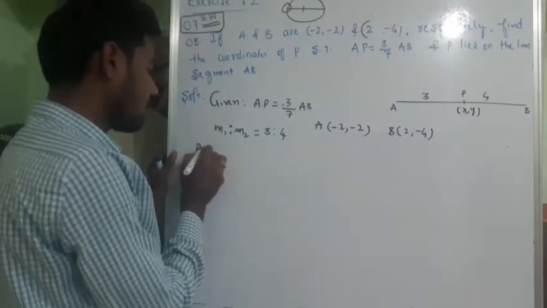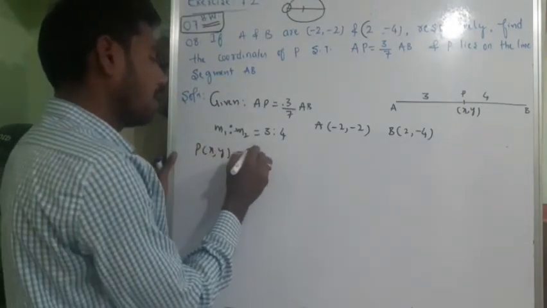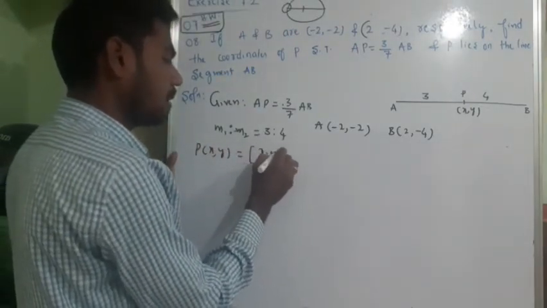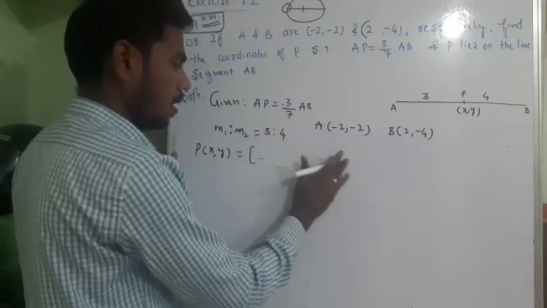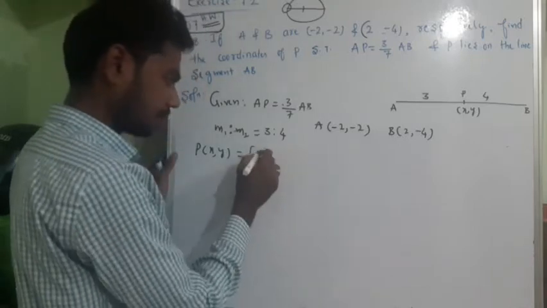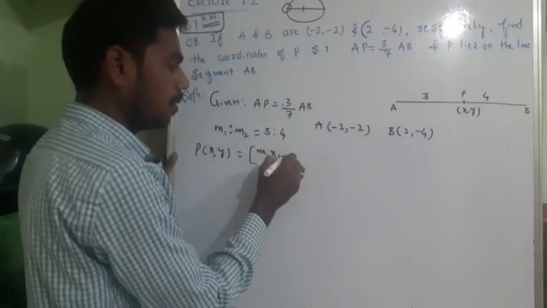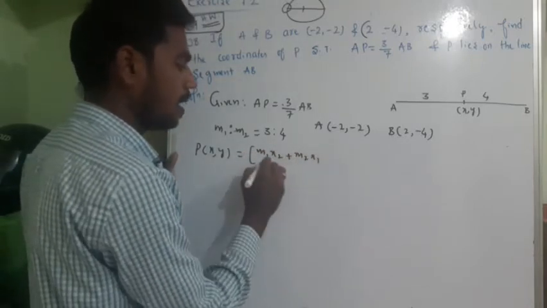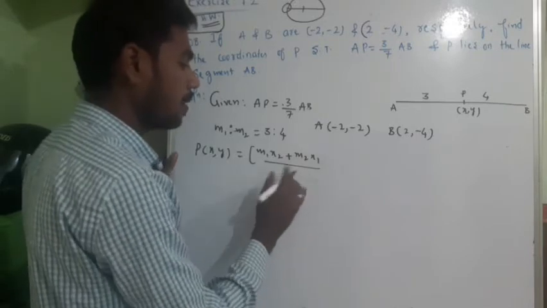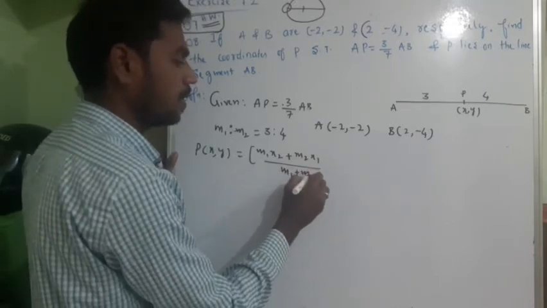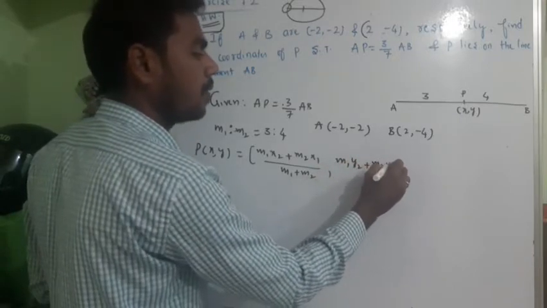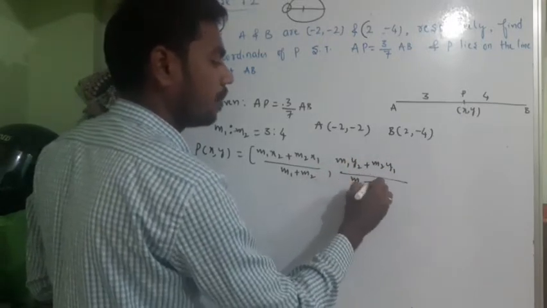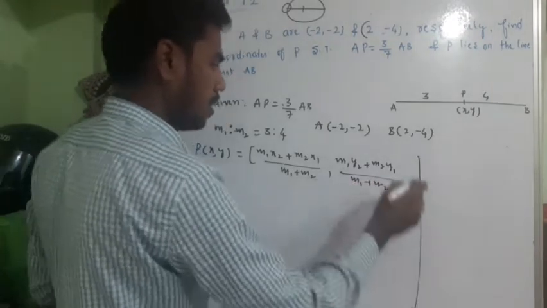So P of xy is equal to M1 x2 plus M2 x1 divided by M1 plus M2, and M1 y2 plus M2 y1 divided by M1 plus M2. Sorry, it is not x1 plus x2 divided by 2 in the middle. This is the section formula we need to use.